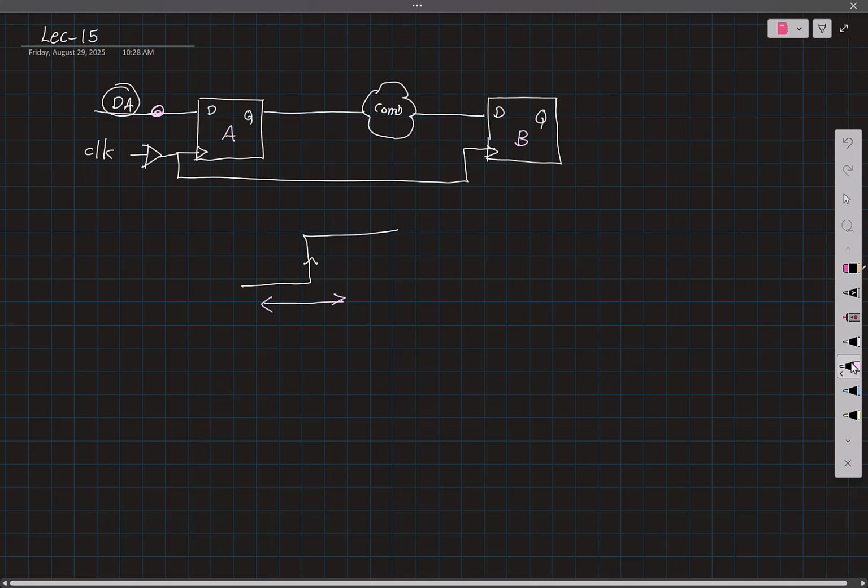Then your launch is happening outside your system. You are figuring out at what point this DA has to remain stable so that this particular value is getting captured in the capture flop A. So if I ask you how much before the clock edge DA should be correctly set up, then you will have to analyze the timing with A being the capture flop.